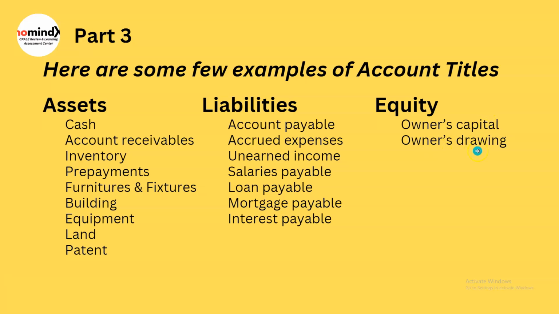In a corporate structure, we have stockholders' equity, retained earnings, and dividends. Those are part of the equity. But in here, we just use the simple sole proprietor form of business, in order to have an easy understanding of demonstrating this equation: assets equals liabilities plus equity.